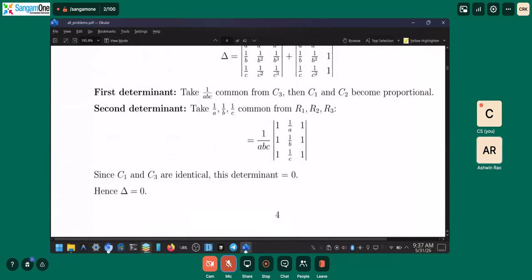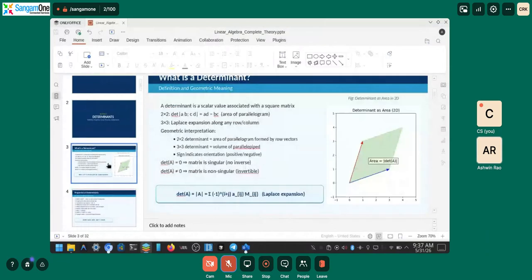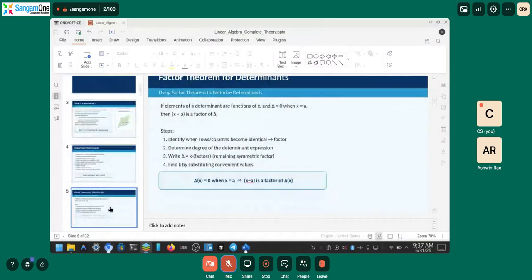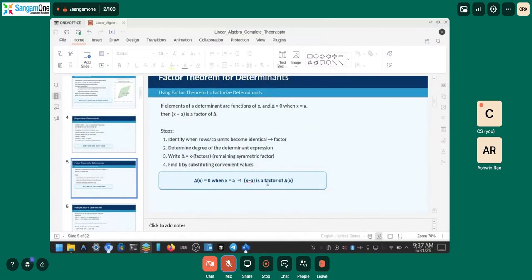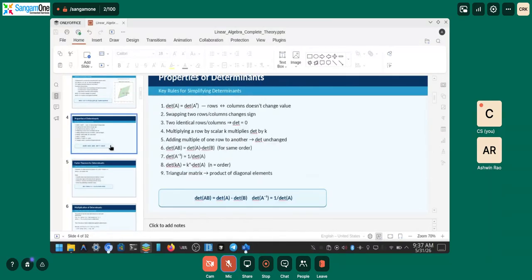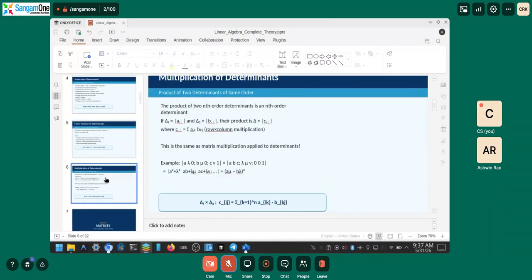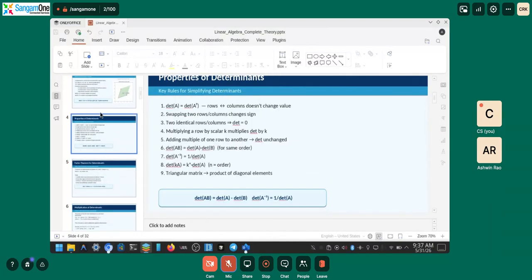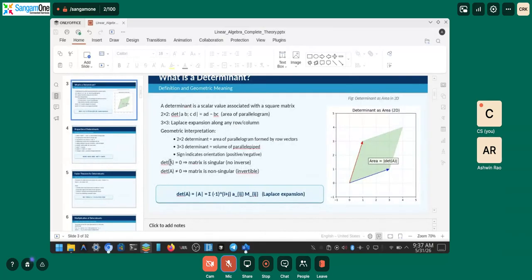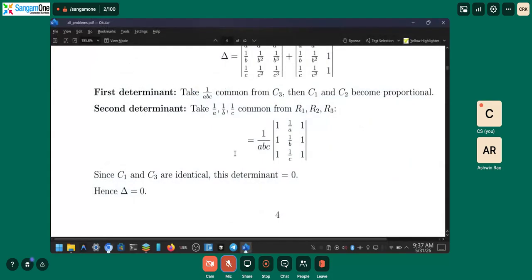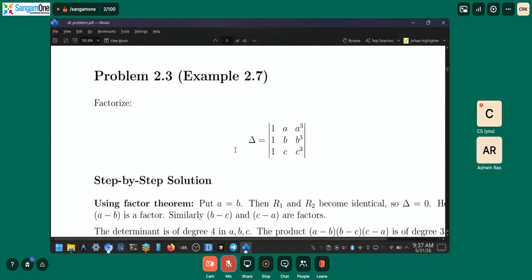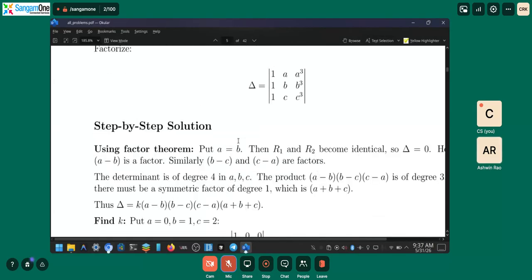For this problem solving, you have to actually remember these properties, as you can see here. Moving on to problem number 3, this factor theorem.